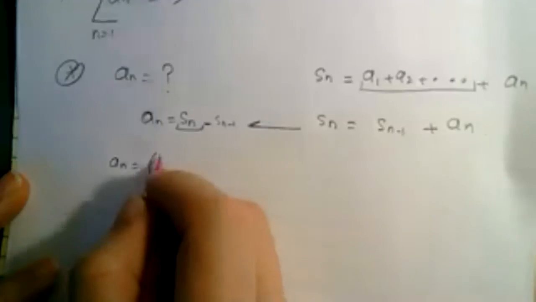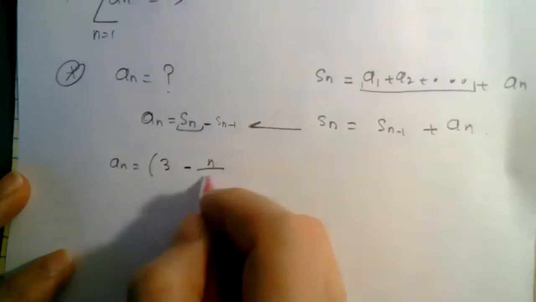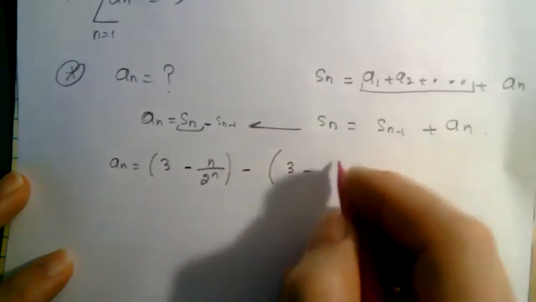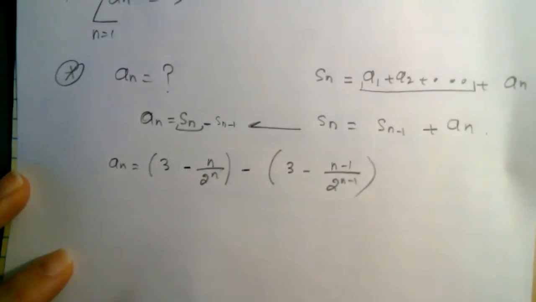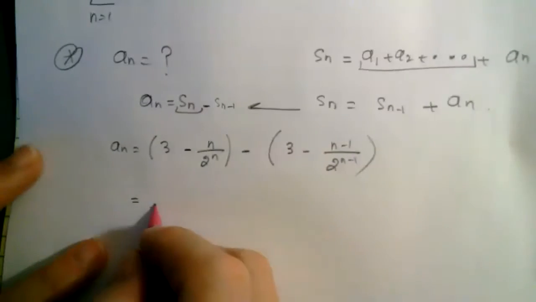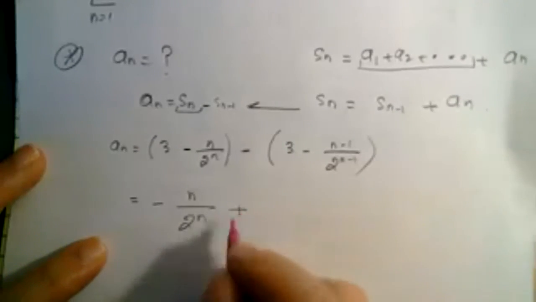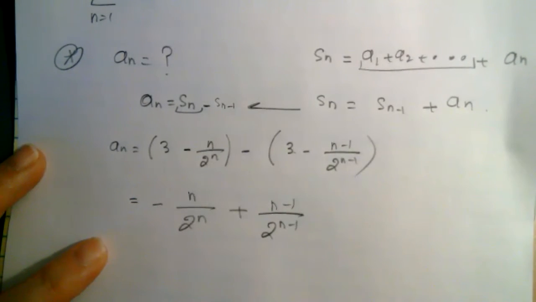Sn is 3 minus n over 2 to the n, minus 3 minus n minus 1 over 2 to the n minus 1. It's not a hard question, but it's a little bit different. So this is going to give me 3 minus 3 cancel out, minus minus plus, n minus 1 over 2 to the n minus 1.